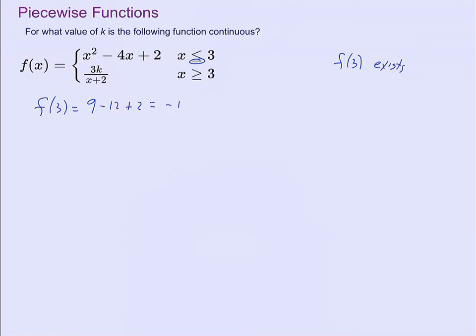The next part is very important for you to write. What we need to do is check the other rule. Make sure that the limit of f of x as x approaches 3 exists. In order to know that that's true, we need to see if the limit of f of x as x approaches 3 from the left equals the limit of f of x as x approaches 3 from the right. And what you need to do is actually write this down.